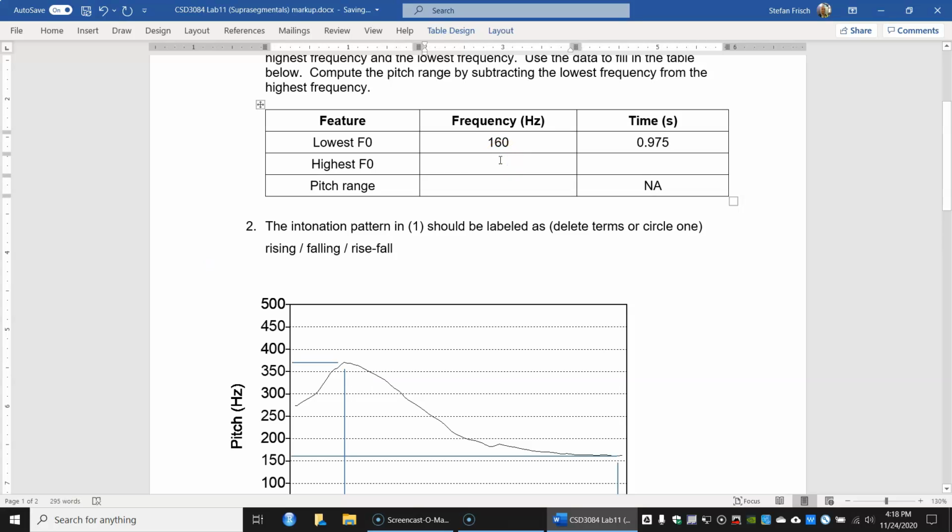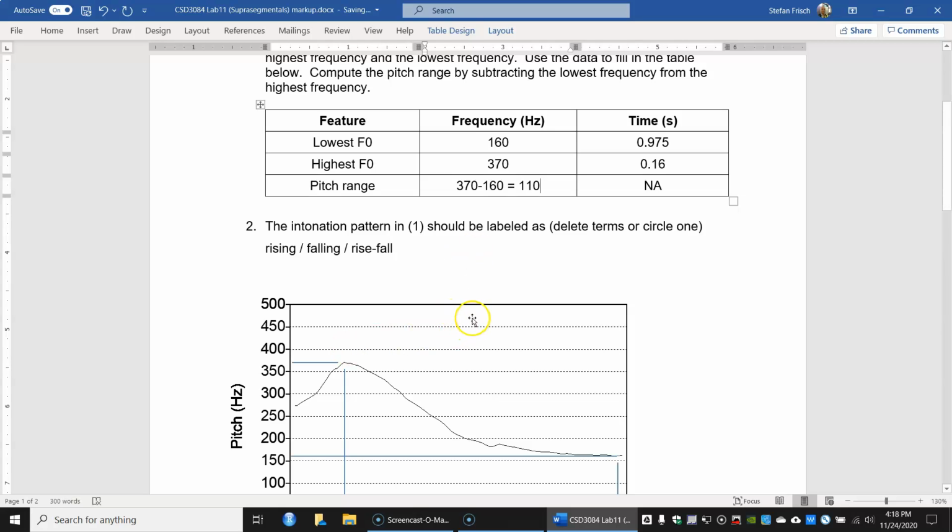Okay, so a frequency of 370 at a time of 1.6. Okay, so the pitch range here is the maximum of 370 minus the minimum of 160. Gives us a range of 110.